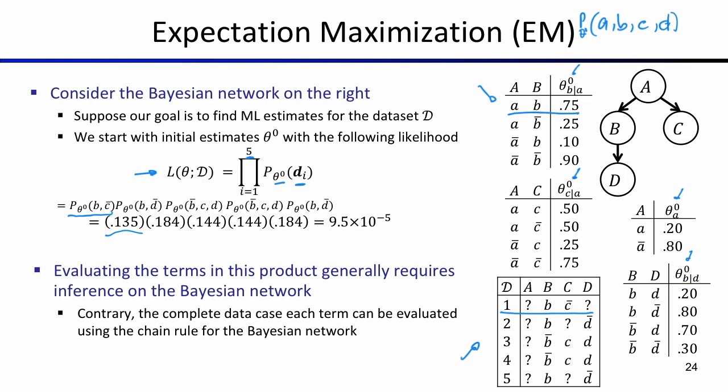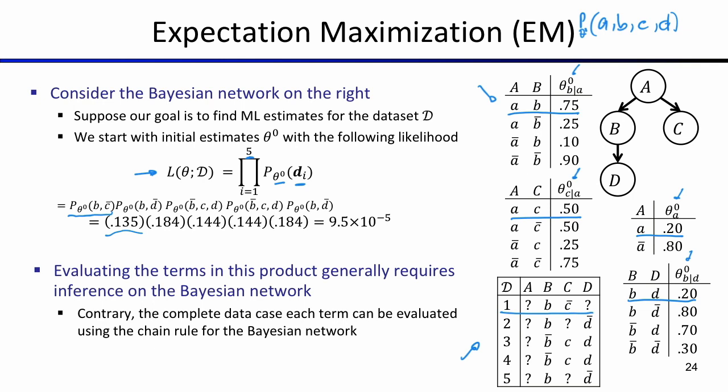We multiply this number by this one here, 0.5, because it has A and C true. We multiply by this entry here because it has A true. And we multiply by this entry here because it mentions B and D true. The multiplication of 0.75 by 0.5 by 0.2 by 0.2 is going to be the probability of A, B, C, and D.